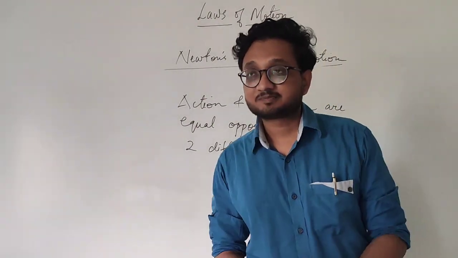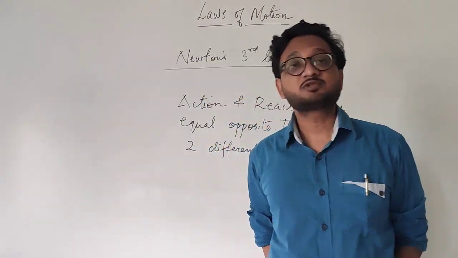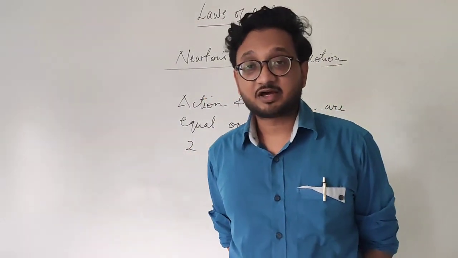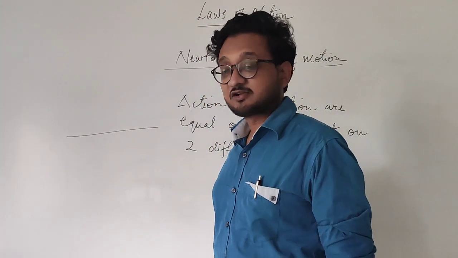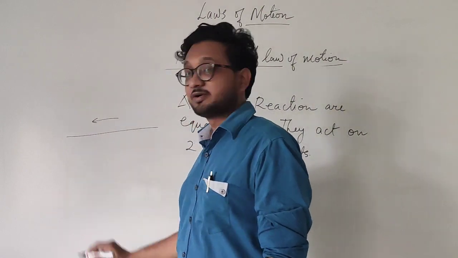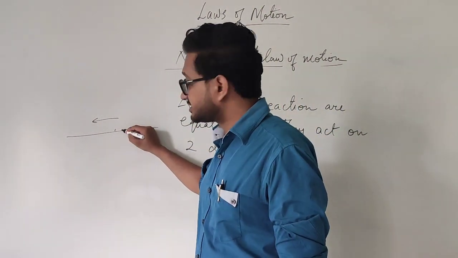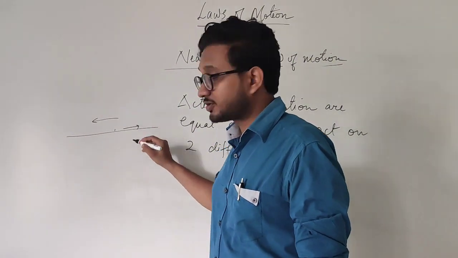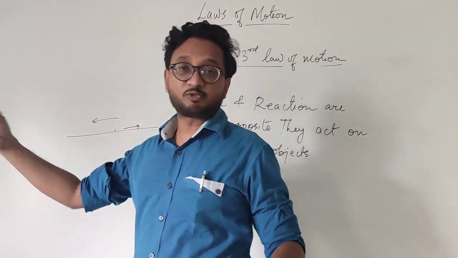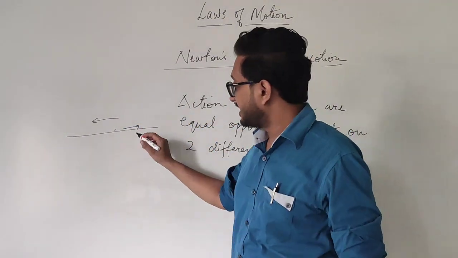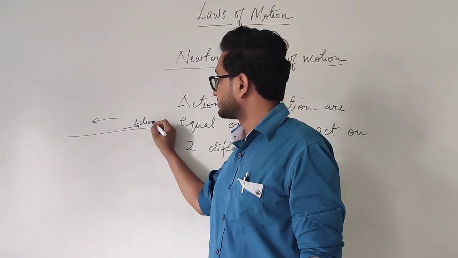Quite simple actually. This can be seen in our day-to-day lives, and the most common example is while we are walking. This is the surface on which we are moving forward. Whenever we step, we push the floor backwards, so we are pushing ourselves forward. We are applying the force on this side, so this is action.